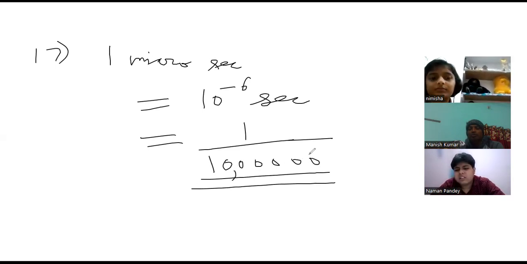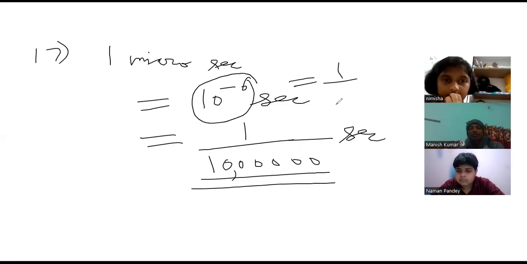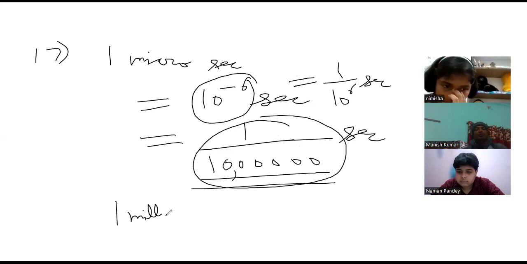Okay, at least you understood what I am asking. This is 1 by 10 lakh seconds. And 10 to the power minus 6 means 1 by 10 to the power 6. You can write it as 1 by 10 to the power 6 second. Okay, understood?